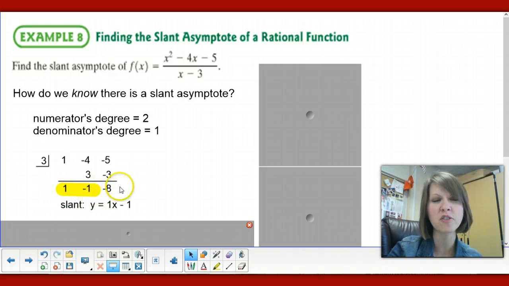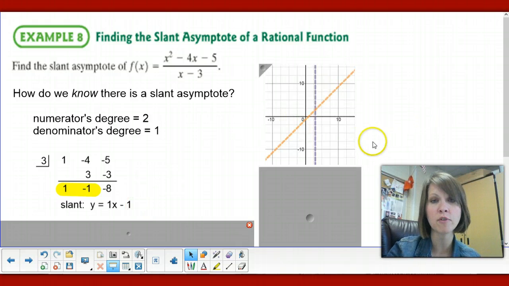The fact that there's a remainder of negative 8 just tells us that there is some funky stuff that goes on in the middle of the graph, but on the ends it will follow this y equals 1x minus 1 slant asymptote.